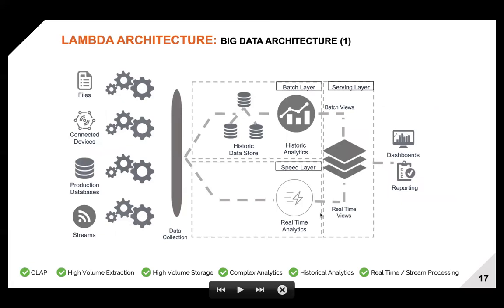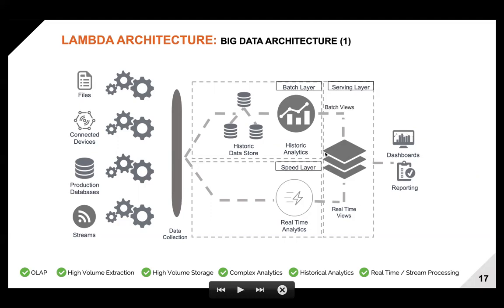And finally, we can find also pure big data architectures that can respond to BI, to decision needs. So here we can find, for example, the Lambda architecture with three main layers. The first one is the batch one for batch analytics. The second one is the speed layer for real-time analytics.